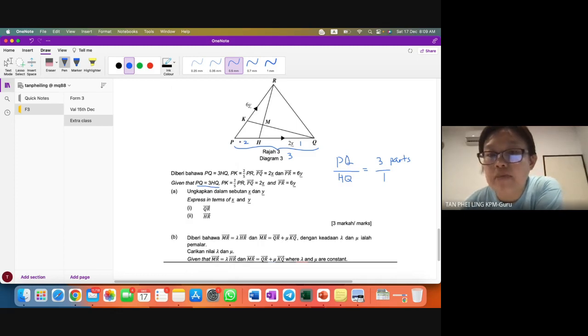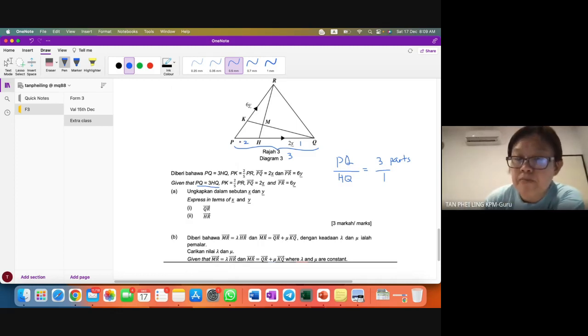I know the diagram is a bit confusing, my dear, but doesn't matter. We are not looking at the diagram, we need only the information. Continue reading first. PK equals to 2 over 5 PR. And then PQ is 2x. This 2x here is confusing people, my dear.